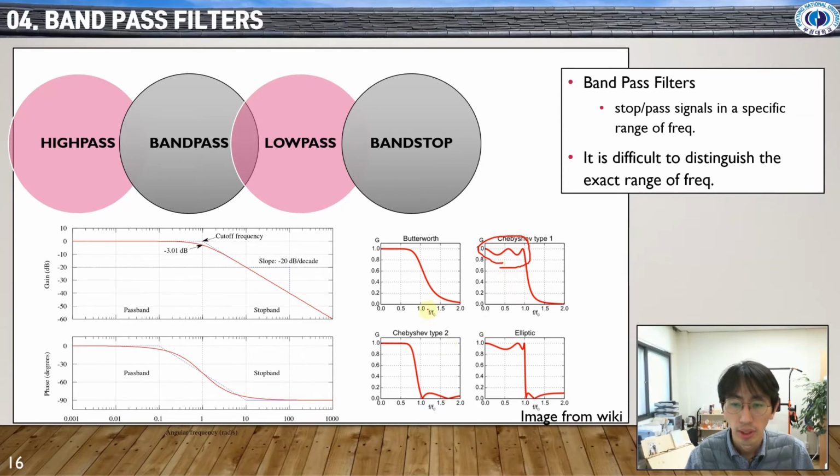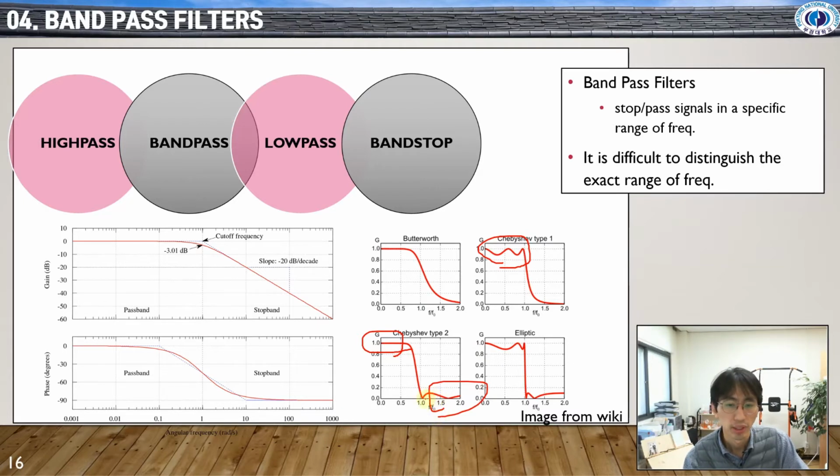So here is another filter, Chebyshev type 2. Here the passing area is flat, so it looks okay, but the stop band area is not flat.